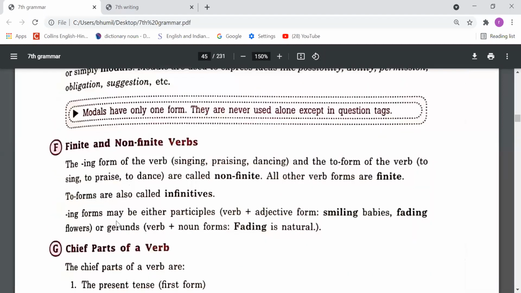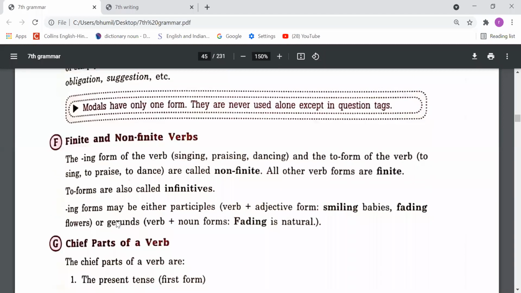Next point, F point, finite and non-finite verbs. The ing form of a verb, singing, praising, dancing, and the to form of a verb, like to sing, to praise, to dance, are called non-finite. All other verb forms are finite. The to form is also called infinitive.